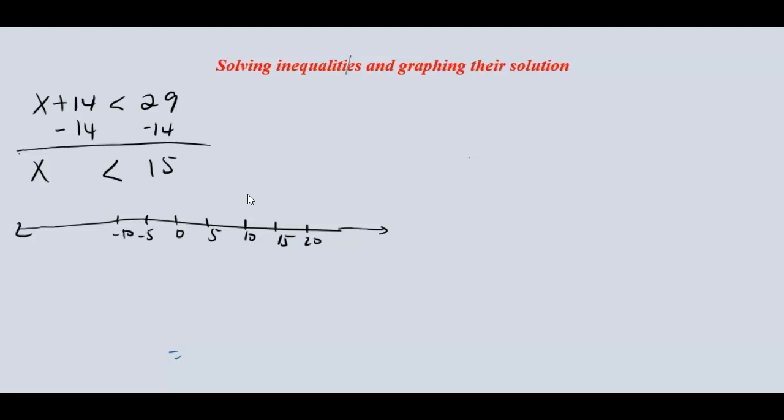If x is less than 15, you go on the number line and look for the number 15. Once you find it, you put a circle on it, and then you draw an arrow on the left side of the circle all the way to the end of the line. That tells me anything that is less than 15 is a solution of this inequality.